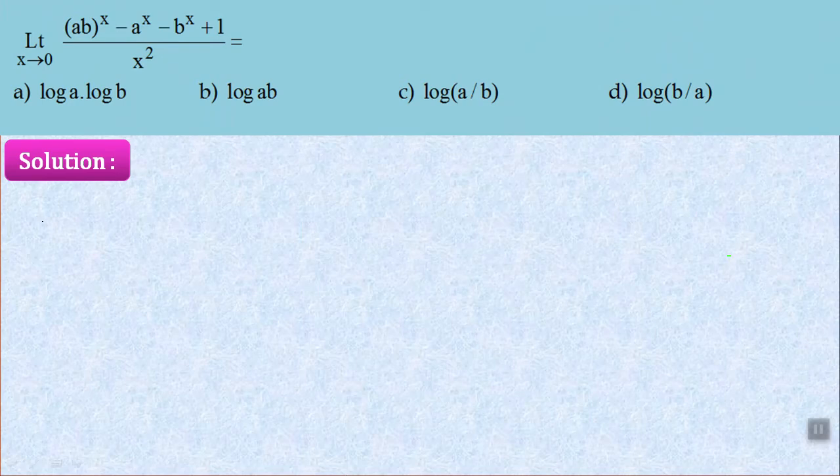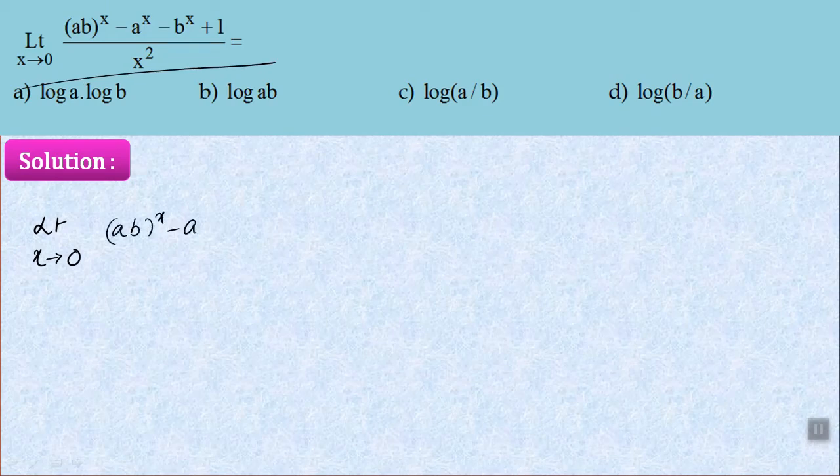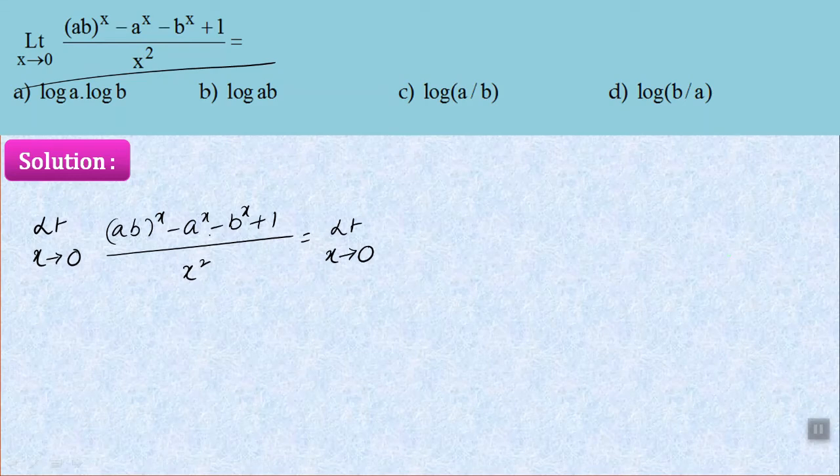Dear students, the given question is limit x tends to 0, ab whole power x minus a power x minus b power x plus 1 divided by x square. This equals to limit x tends to 0. Here it can be written as a power x minus 1 into b power x minus 1 divided by x square.